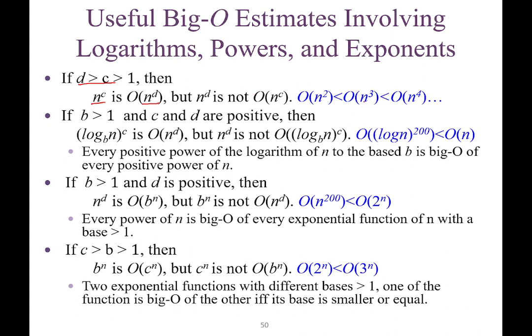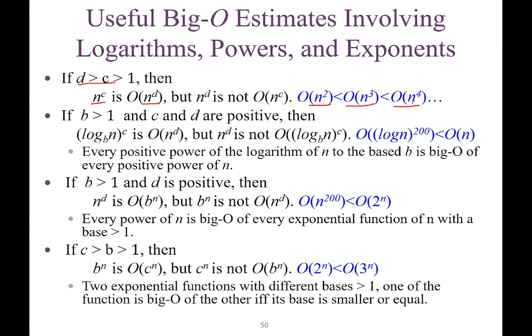For example, n squared is big O of n cubic, which is big O of n to the power of 4. Once n goes larger, n to the power of d grows faster than n to the power of c when d is larger than c. This is how we compare polynomial functions within the same category.